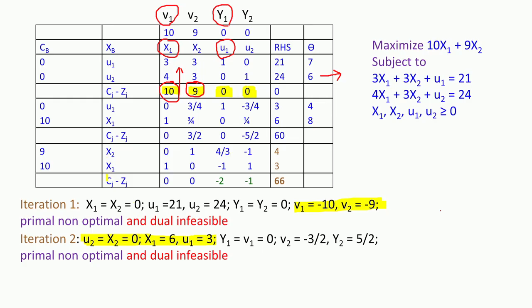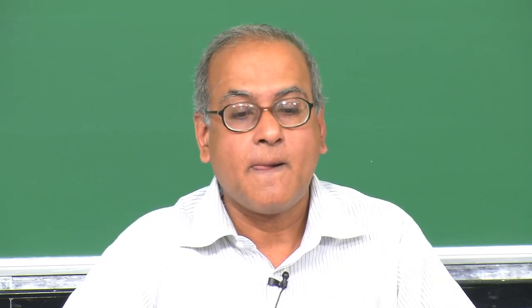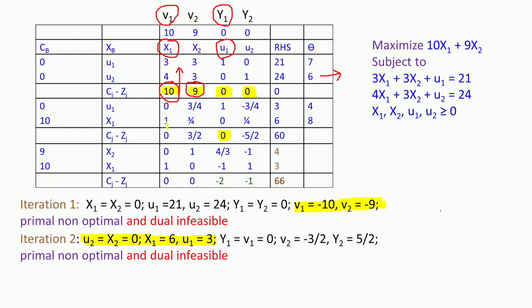Now let us apply complementary slackness. When u1 is in the solution, y1 has to be 0, so y1 is mapped to u1, you will realize y1 is 0. The Cj minus Zj of a basic variable is 0. x1 is in the solution, therefore v1 has to be 0, therefore you see under x1 v1 is mapped, v1 is 0.